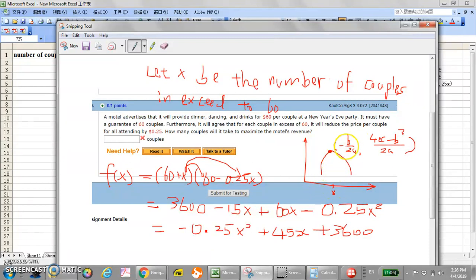So when x equals negative b over 2a, the function has a maximum value. That means the revenue is a maximum.